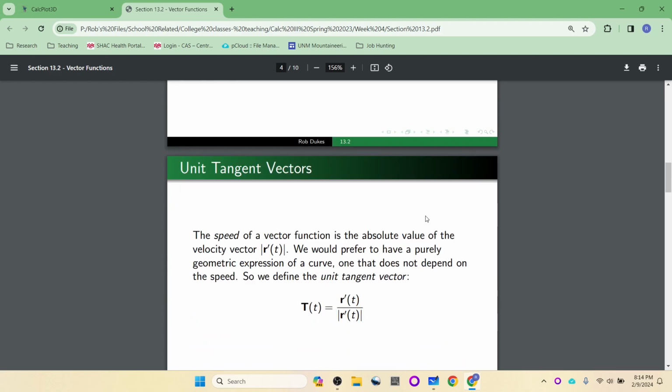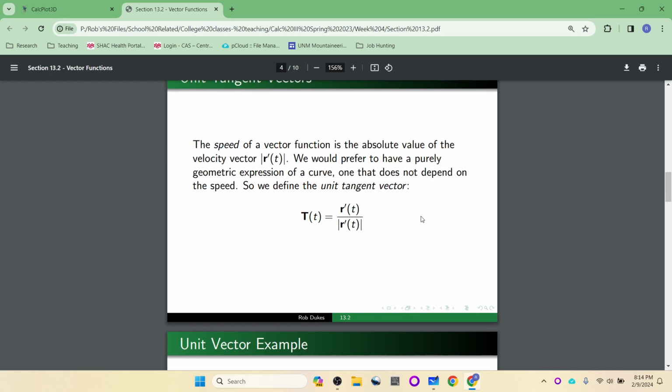All right, so now that we've done some examples, I mentioned earlier that I don't like the speed changing. The idea being that we want to have statements about the curve itself, so how fast you run along the curve should not matter. So we like to use the unit tangent vector.